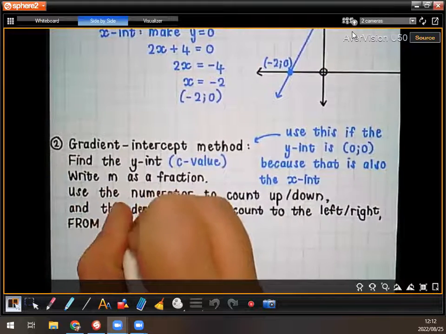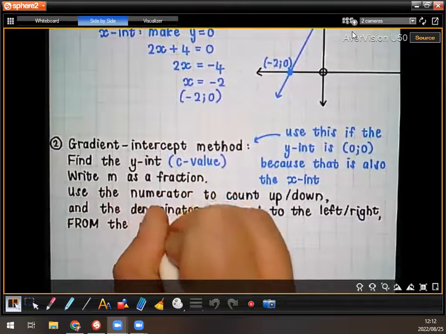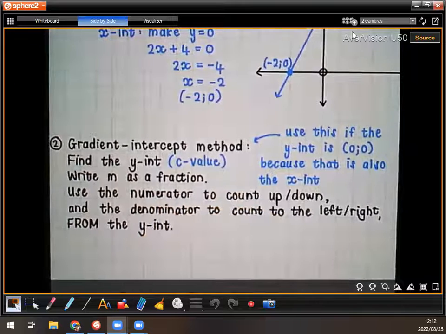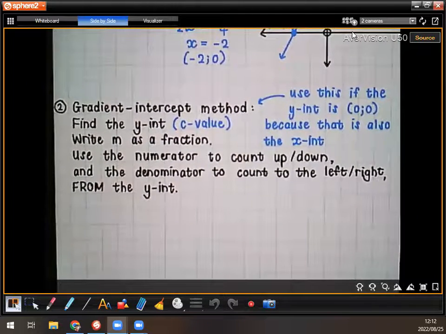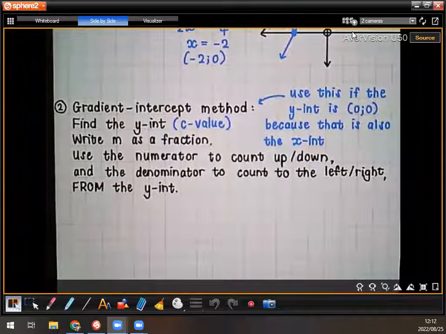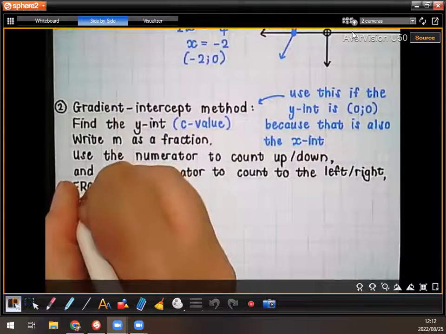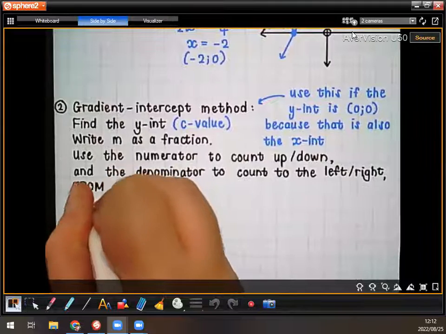I'll show you now. It does sound a bit odd or a bit confusing possibly when you are just reading the words. Okay, it's simpler when you're looking at an actual example. So you're going to use the numerator to count up or down and the denominator to count to the left or the right from the y-intercept. Then plot a point where you stop counting.